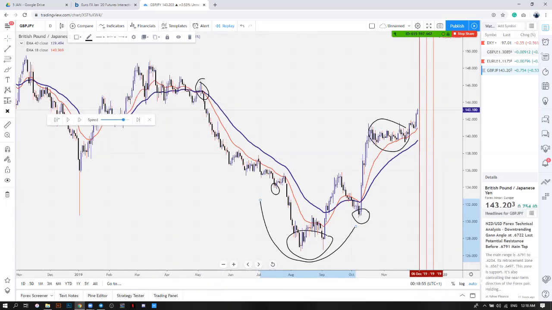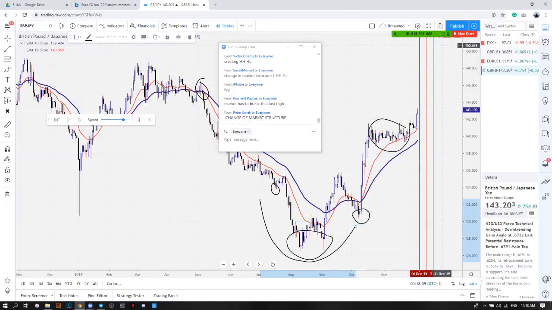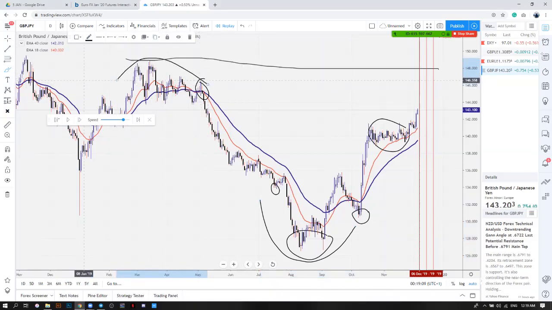Where are your short-term swing highs, swing lows? Where are your intermediate-term swing highs and swing lows? Okay, good. You have a long-term swing low. If you have a long-term swing low, then the market is most likely reaching for a long-term swing high. Exactly. The market is most likely reaching for a long-term swing high.